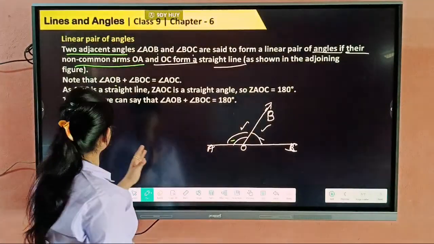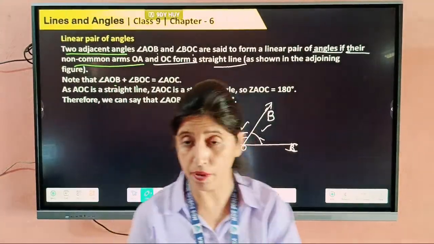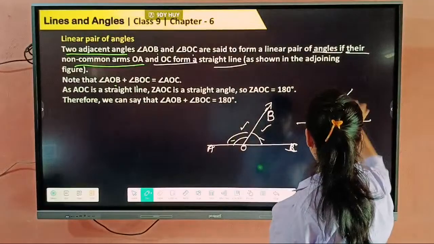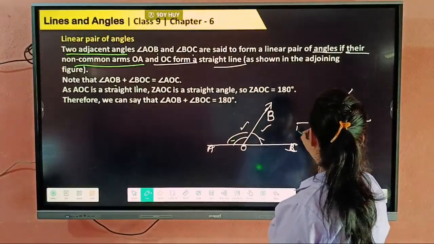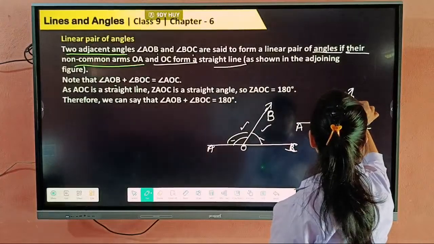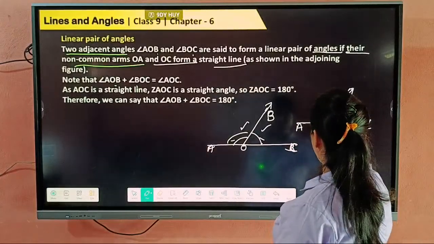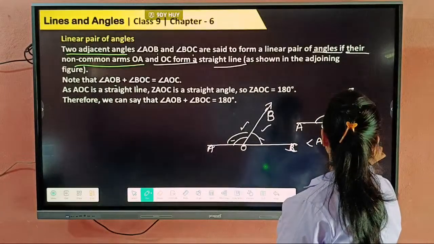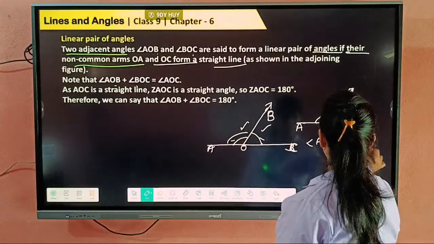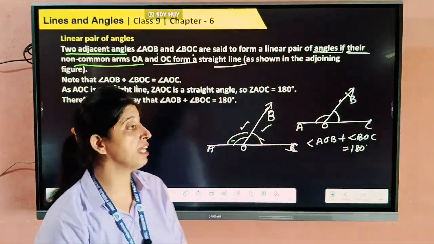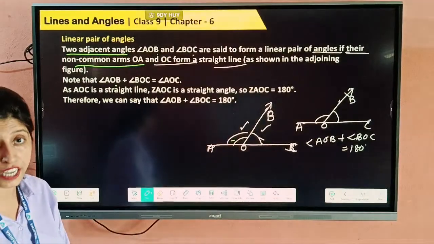Understand, I hope you understand this linear pair. What is a linear pair? If in a straight line two angles are there and their sum is 180 degrees, then we can say that this is a linear pair. Angle AOB plus angle BOC is equal to 180 degrees. If their sum is 180 degrees, then we can say that they form a linear pair.